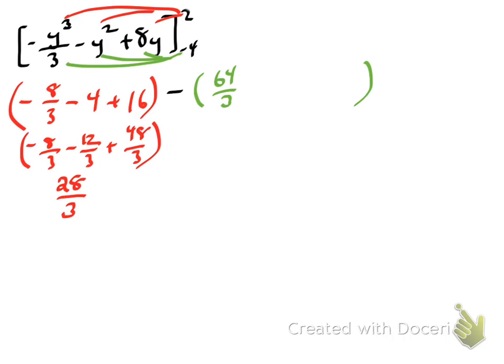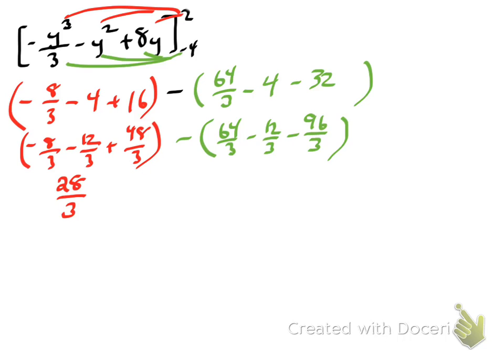Plug it in, negative 4 squared will give me positive 4, but I'm subtracting anyway, so negative 4 and negative 32. So, getting back into thirds here, 64 thirds minus 12 thirds minus, I believe, 96 thirds, if I multiply by 3 correctly.